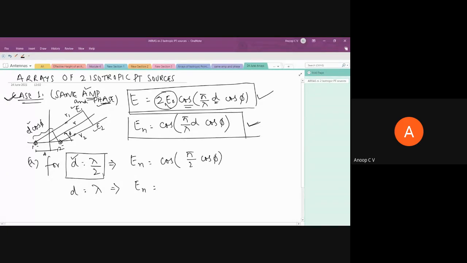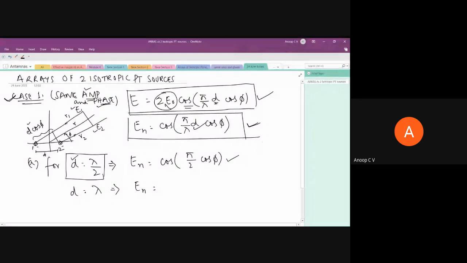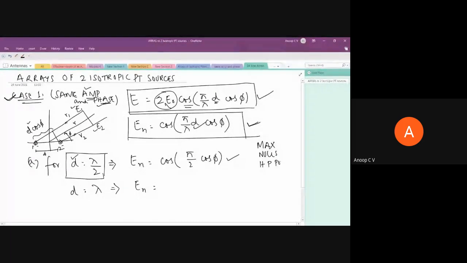So in the question, if d is equal to lambda by 2, just substitute d equal to lambda by 2 in this expression. Then En is equal to cos of pi by 2 times cos phi. That is what we have done yesterday. And for this particular case, we found the direction of maxima, the direction of nulls, and the half power points, all those things.